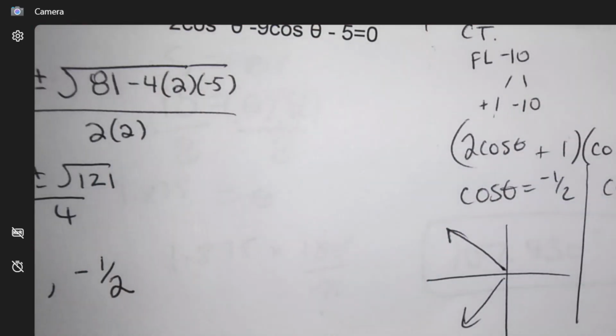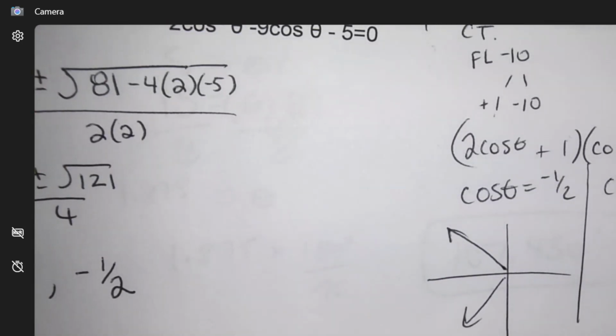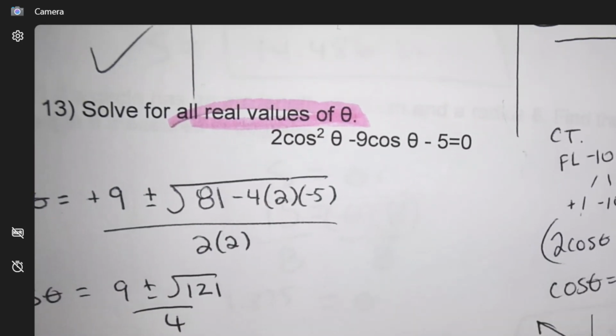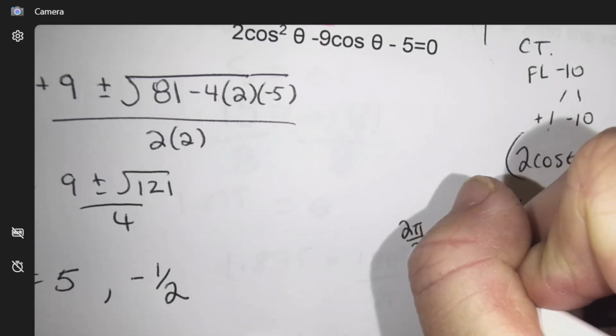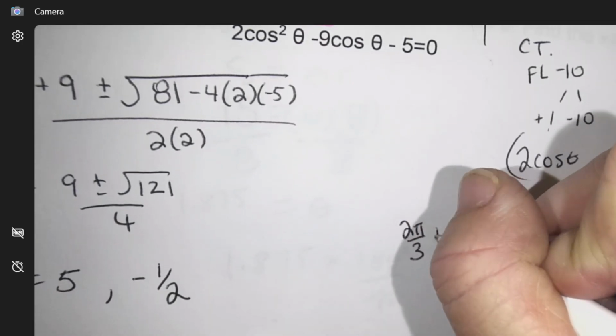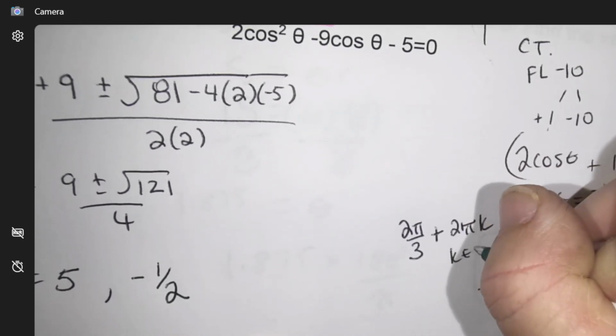Okay, what am I answering in? Because now the question just says, for all real angles. For all real angles, so what should I do? 2 pi over 3 plus 2 pi k.